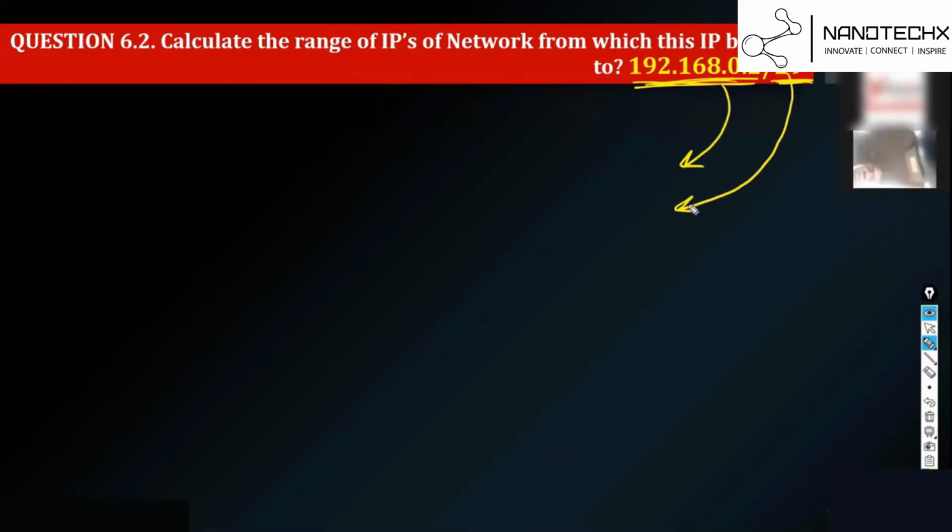So 192.168, I already know that 192 is always 11000000. You guys can convert following the method which we just did yesterday. So 192 in binary is this, and then 168 in binary is 10101000.